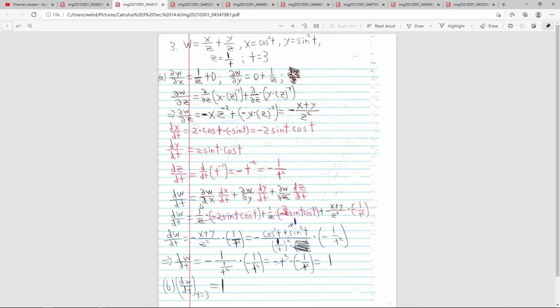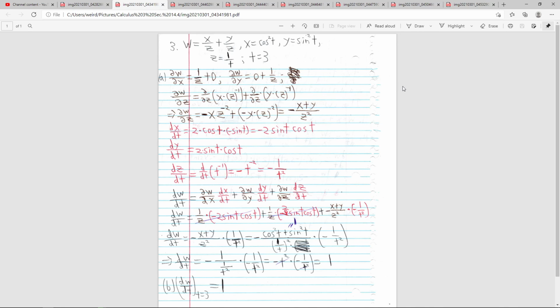So in a way, I know it's not technical, but dx and dx cancel out here, dy and dy cancel out, and dz and dz cancel out. I think that's just the best way to think of it. So in the end, you just have different parts of dw/dt going to different x, y, and z components, almost. It's not really technical to say that, but it's one way of thinking of it. Whatever way works best. But that's why we have to take 6 derivatives: 3 partials and 3 normal derivatives.